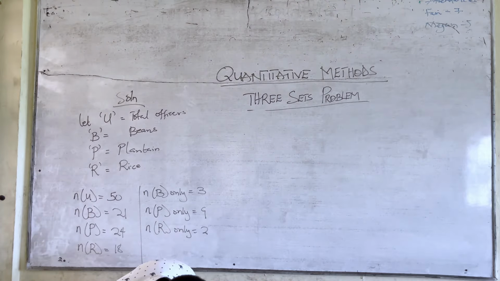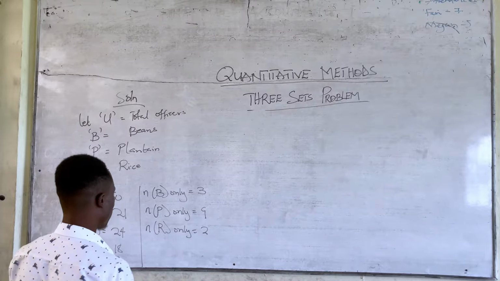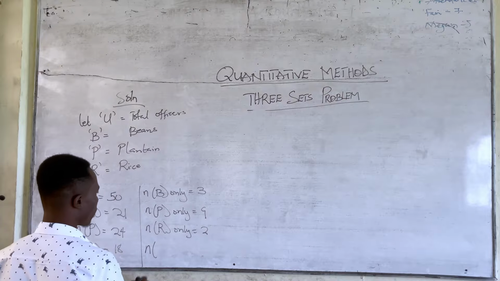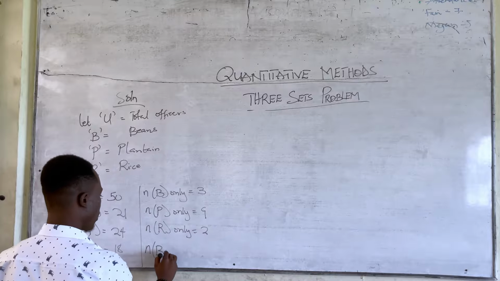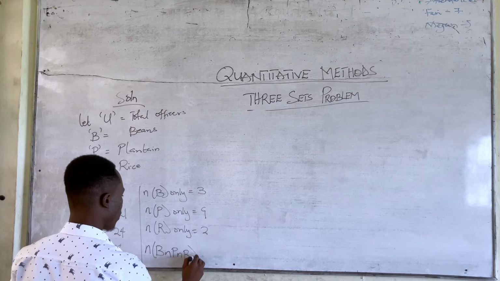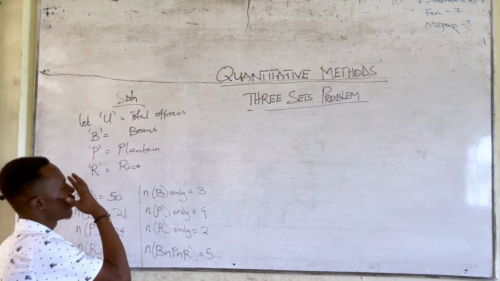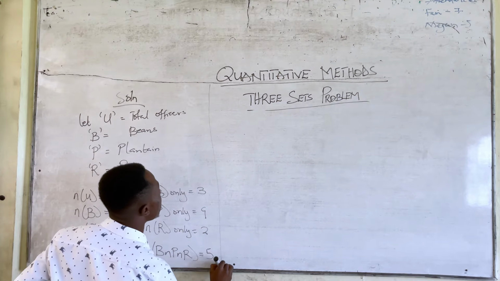And the last part is 5 chose all the 3 kinds of food. So number of B intersection P intersection R is equal to 5. So this is the data we have presented.